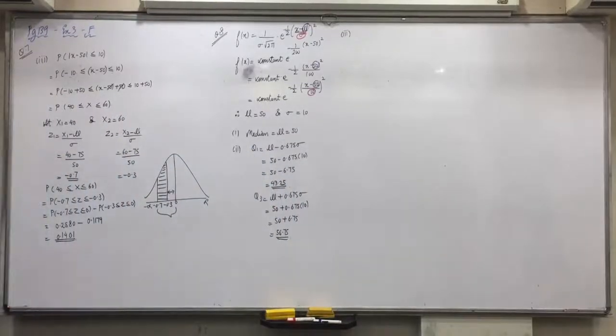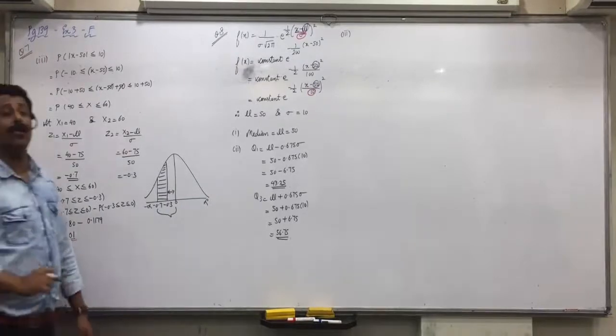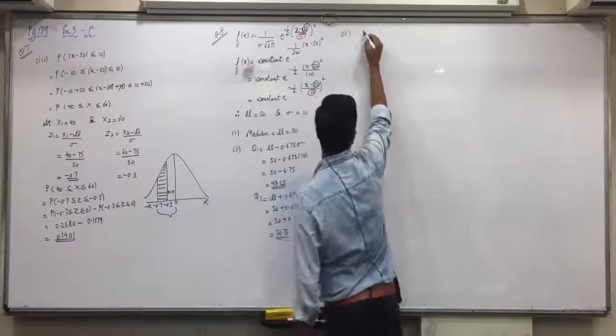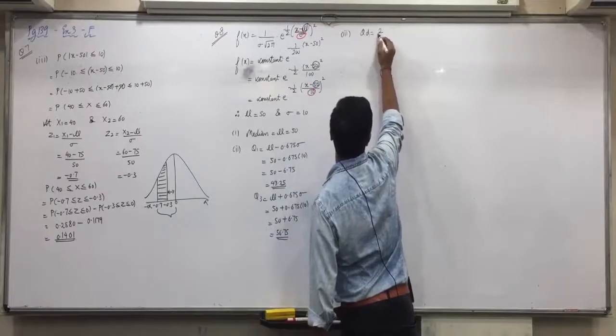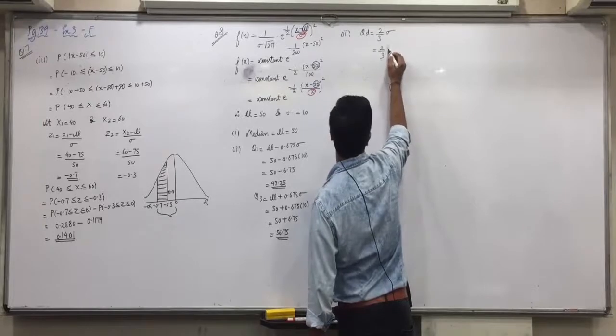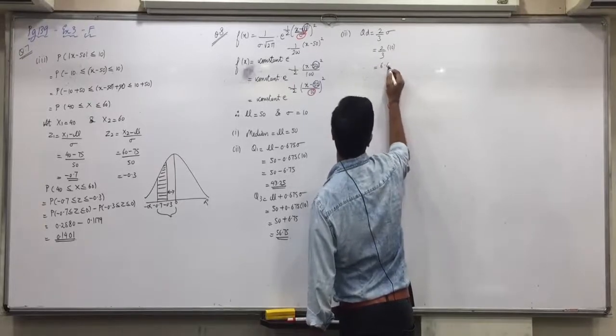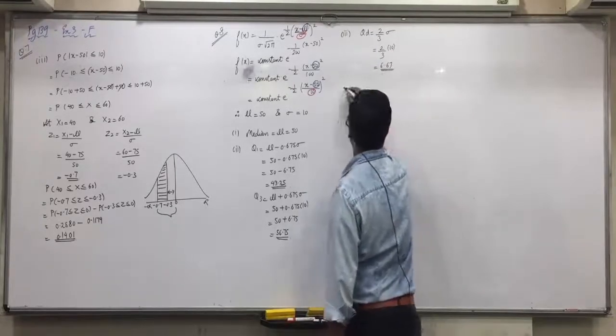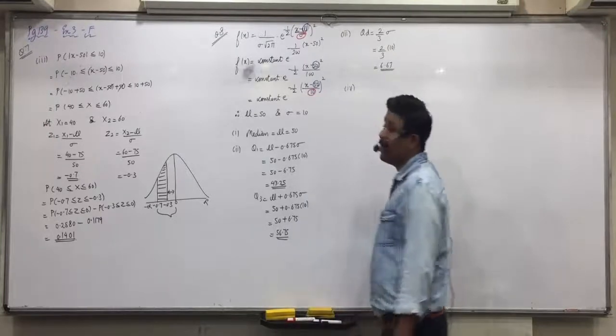Third question. Find the approximate value of quartile deviation. Quartile deviation equals to 2 by 3 sigma, 2 by 3 into 10, 6.67. Do you all remember this property also?